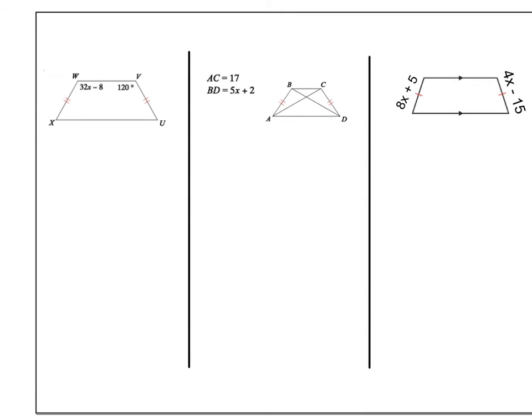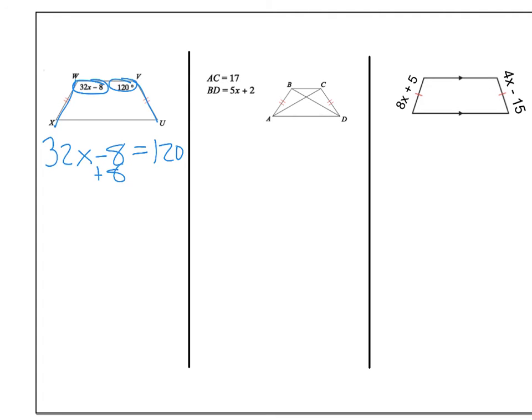All right, so now we're going to practice these properties again. So I see that I'm talking about angles in this first trapezoid. It's isosceles because the legs are congruent, all right? They have those same markings on each of those legs. And so what I know about these base angles is these are congruent to each other. So I have 32x minus 8 is equal to 120.